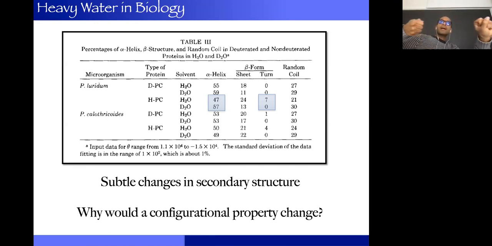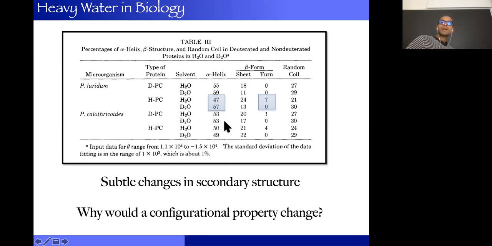Proteins are built up by different types of secondary structure, like helices, like in DNA, sheets, coils, and these are like Lego pieces, basically. Lego pieces with different shapes. And take a look at the things that I've tried to highlight here. When you go from H2O to D2O, there's a big change in the percentage of helical structure in the protein.